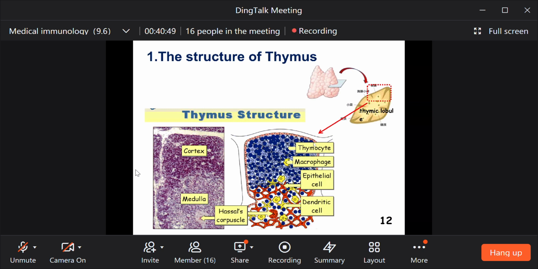In the cortex, it is filled with thymocytes, macrophages, epithelial cells, and dendritic cells. And the dendritic cells and epithelial cells are much more numerous in the medulla.